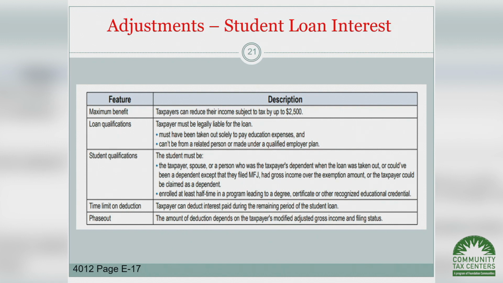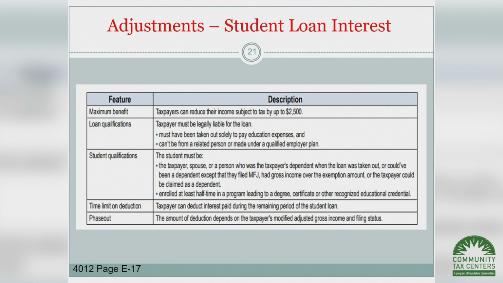So what that's saying is, if the loan was taken out for the dependent and hasn't been repaid in 10 years, then the taxpayer or the parents can continue to take that expense until it's depleted. Okay? There's no time limit until the loan has been repaid.